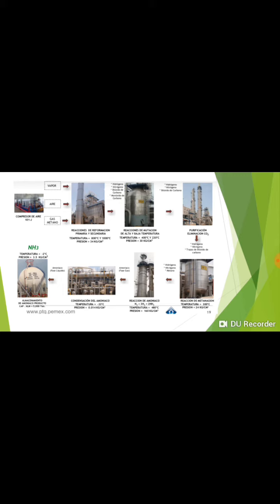As we can see in this flux chart, the feedstock of the primary and secondary reforming are steam, air, and methane.